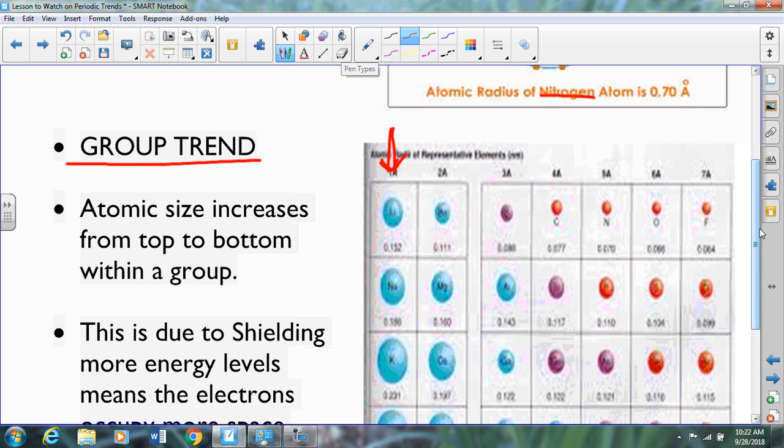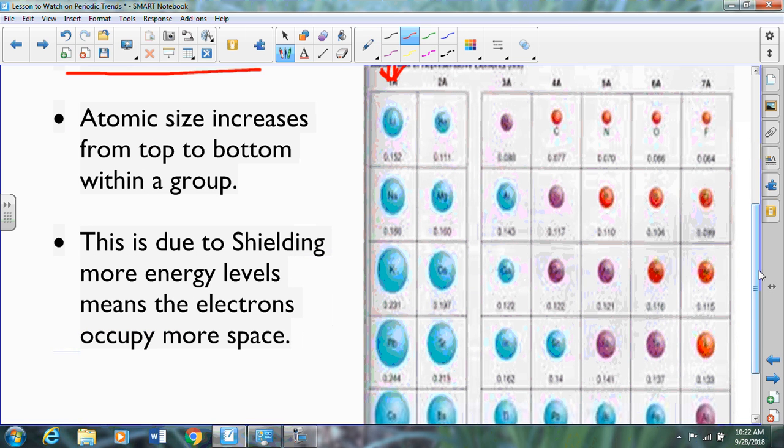So, atomic size, as you can see from this illustration, increases if you start at the top and go to the bottom. So you can see lithium, you can see sodium's bigger, you can see potassium's even larger, and so on. You mostly need to know not just what the trend is, but why it is. And the number one reason that they are getting larger is due to shielding.